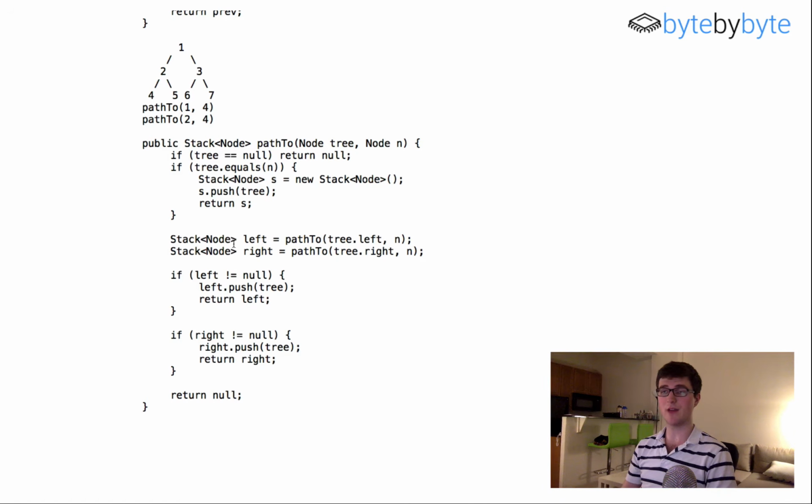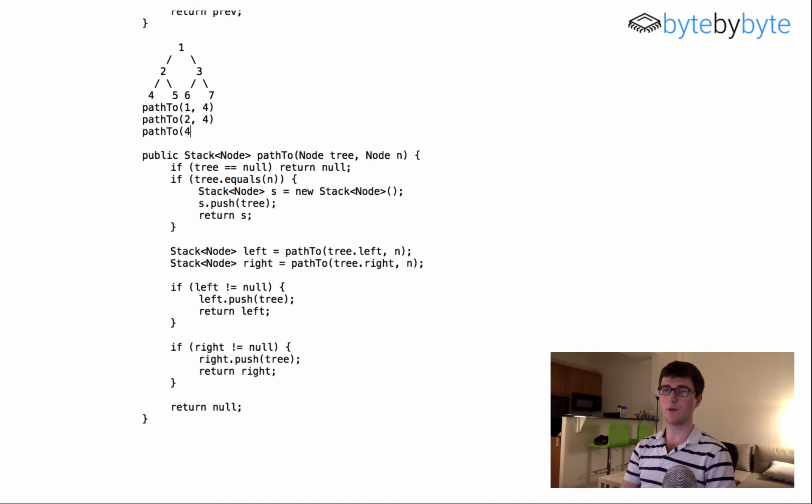It's not null and they're not equal. So we're going to come down here and we're going to call path to 4 and 4. So now they're equal, and so we're going to create a new stack, and we're going to push tree onto the stack, which is 4. So now our stack is equal to 4.